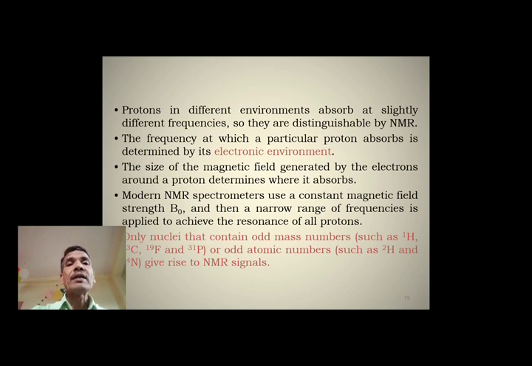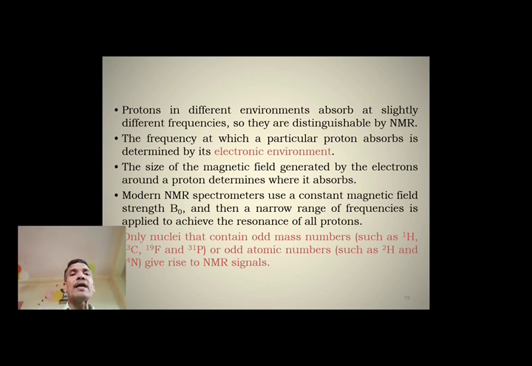We know that in a modern NMR spectrophotometer, a constant magnetic field strength B0 and then a narrow range of frequencies is applied to achieve the resonance of all kinds of protons.